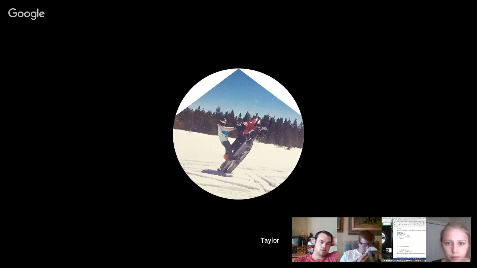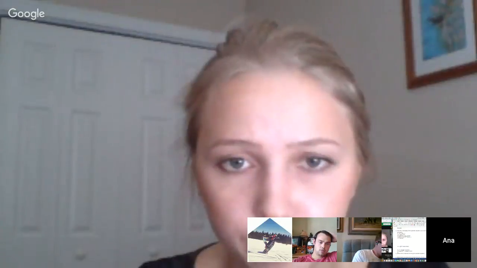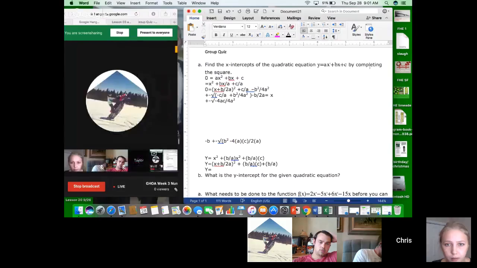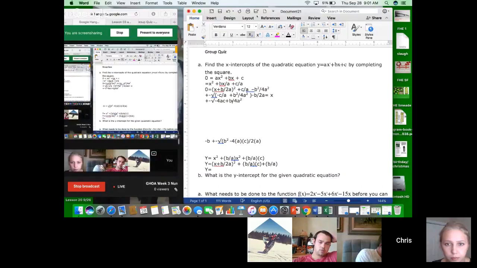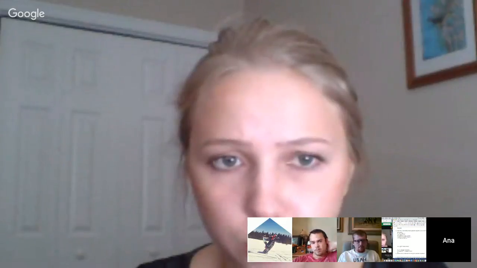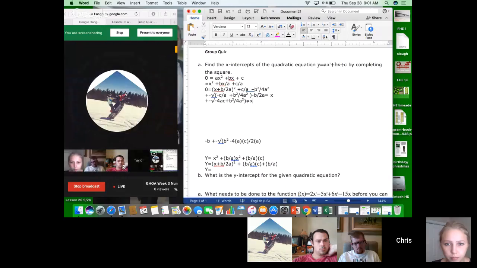Negative 4ac, and the bottom would still say 4a squared. Because then you have the common denominator, and then you'd combine the two, correct? Yeah. And this would be plus b squared. Equals x, and there is minus b over 2a. Yeah, and you still have to add the minus b over 2a.